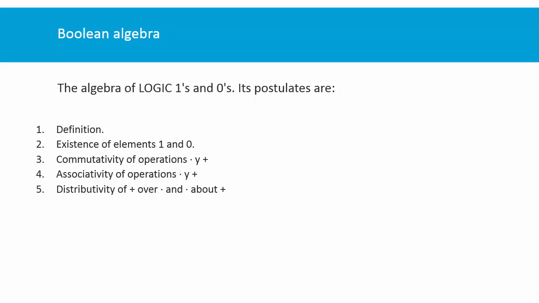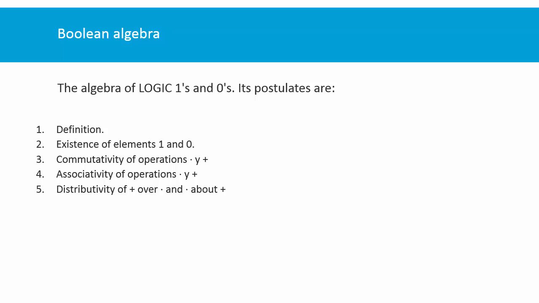The fifth rule is the distributivity. And this is a tricky one because basically what it says is that we can distribute the OR operation and the AND operation, basically as in expanding. So for example, this is easy to understand in the AND operation.